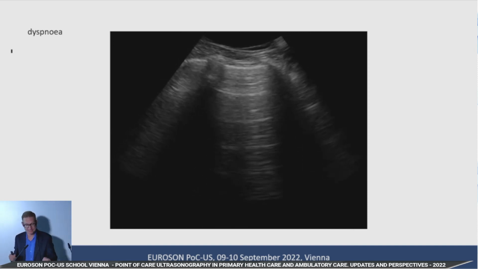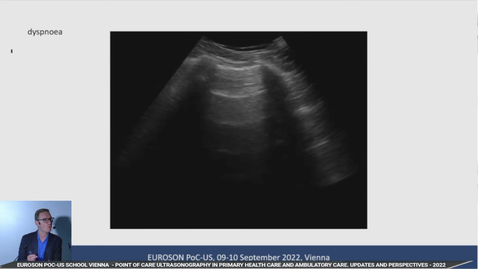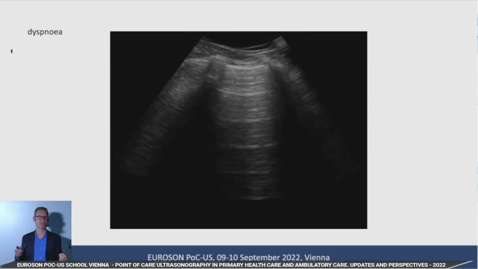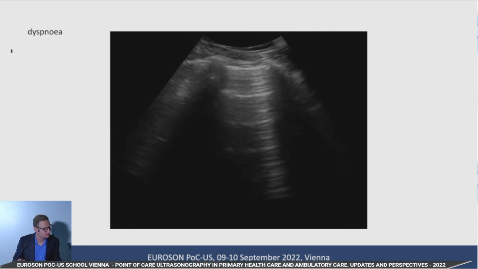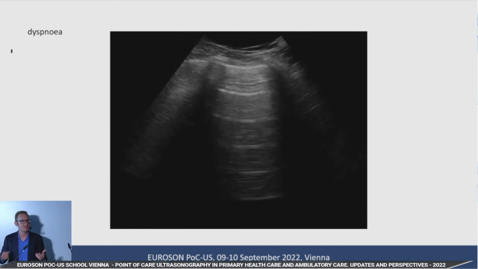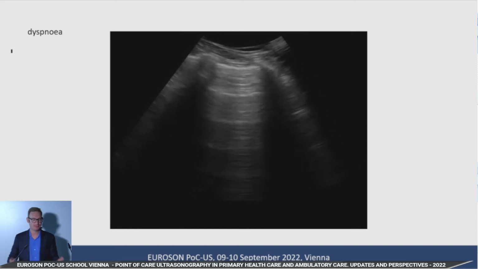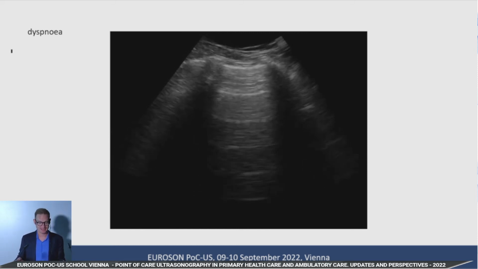And I'm telling you about that to understand the limitations of sonographic examination: the fact that we don't see a pathology does not give us the confidence that the patient is not sick.